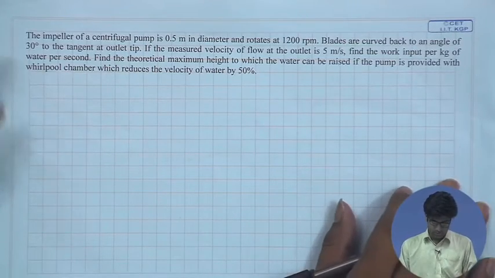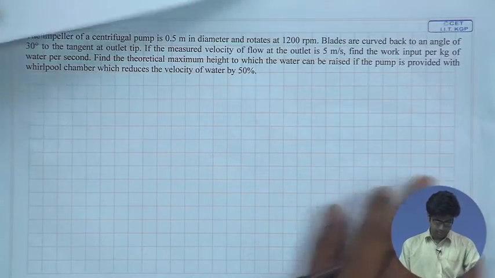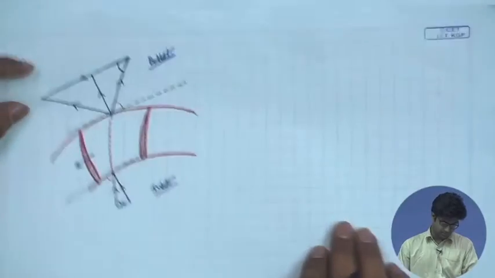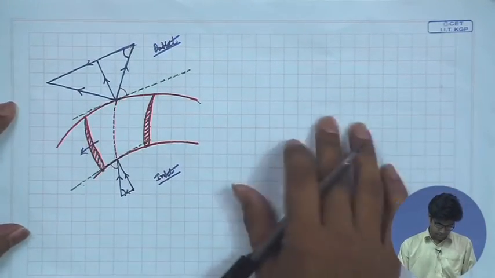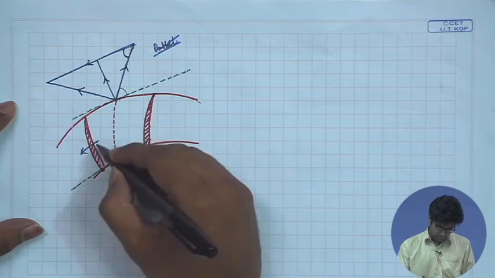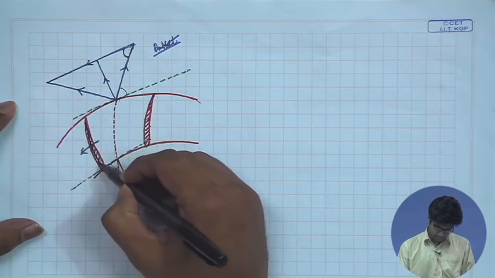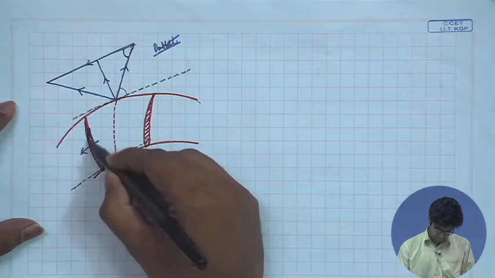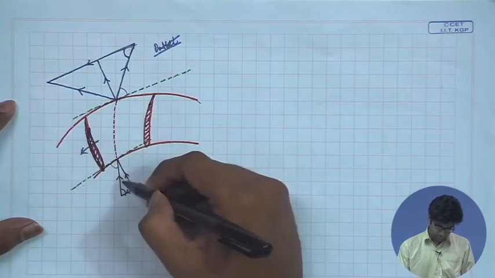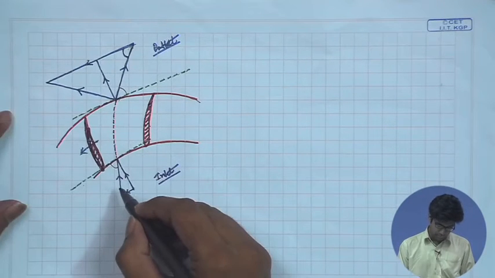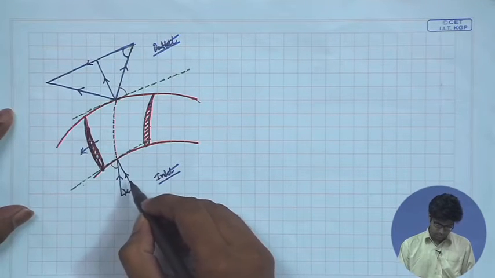So, before starting the problem, let me discuss the velocity diagrams. As you can see, these are the impeller blades and this is the inlet velocity diagram.